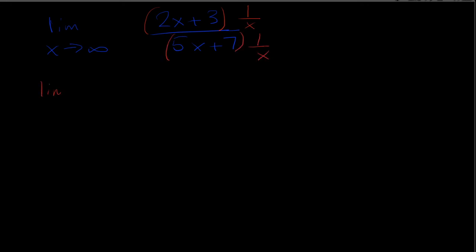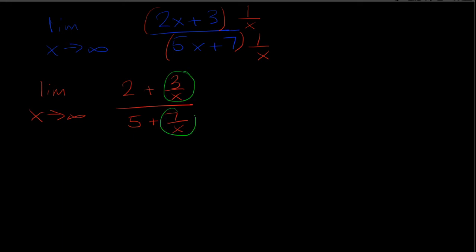So I have the limit as x approaches infinity of 2 plus 3 over x over 5 plus 7 over x. I know that 3 over x and 7 over x will go to 0 in the long run. So in that case, we're going to have 2 over 5. Okay, so that wasn't too bad, but let's look at a better way.